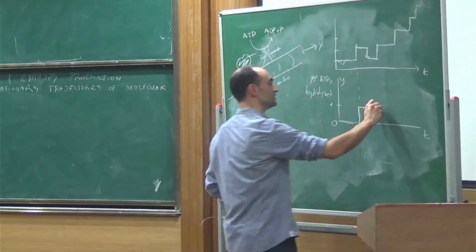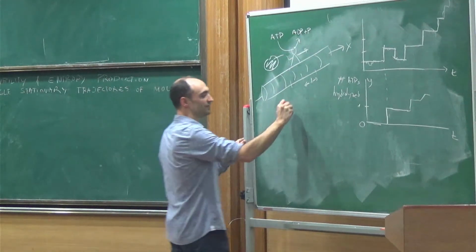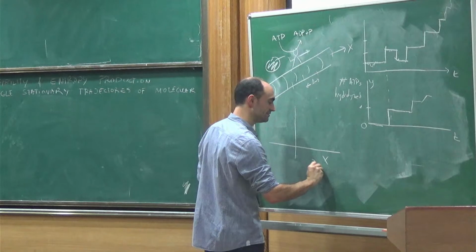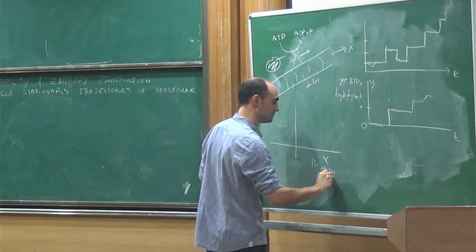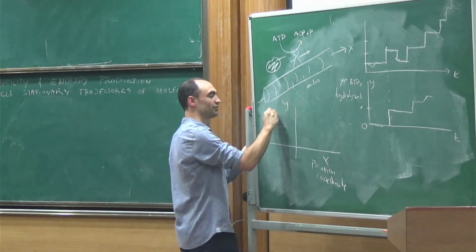And so typically, in this type of models, you have a random walk in 2 dimensions. One is the x, the position coordinate, and y is the chemical coordinate.